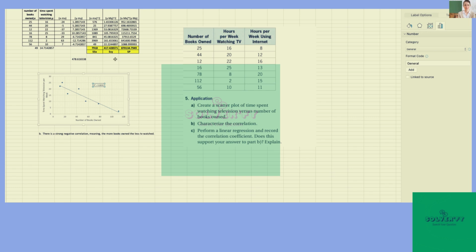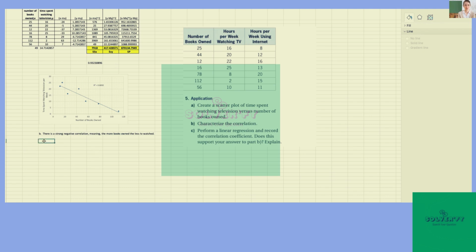You should have gotten the square root of 0.8692, and you should have gotten a negative, so something's not right with those calculations, but you should have gotten negative.